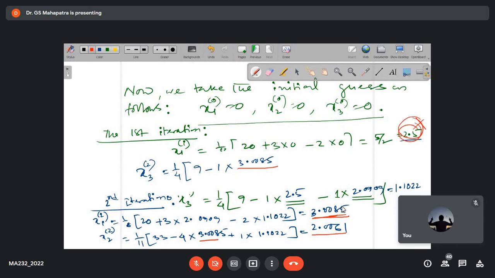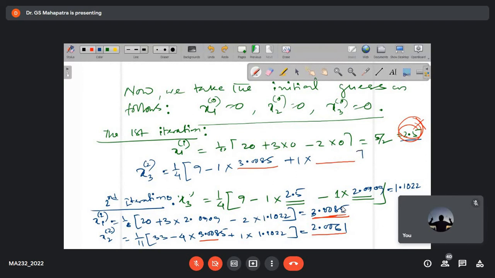Then, sorry, plus 1 into the red underline one.